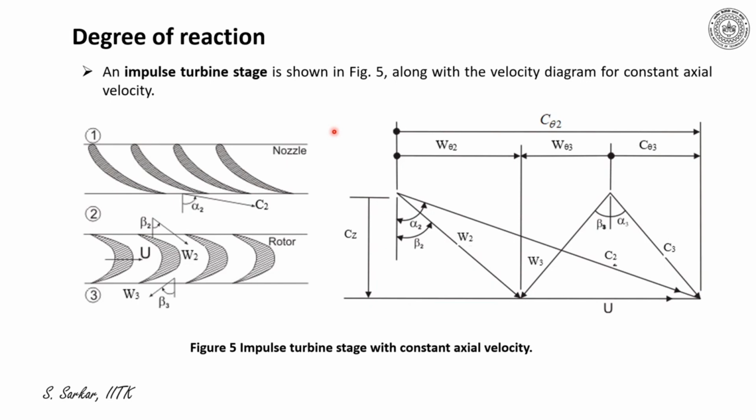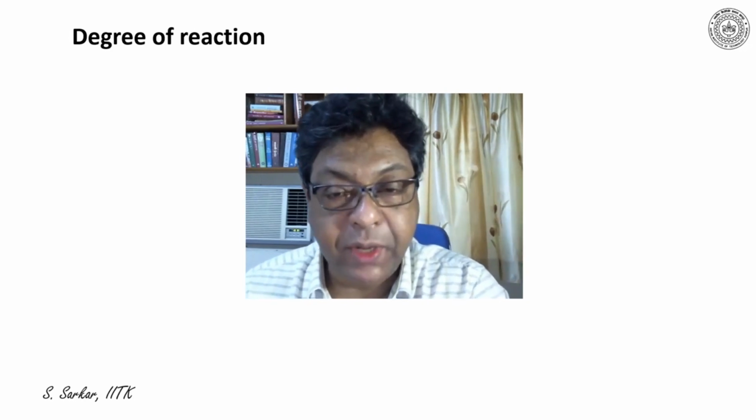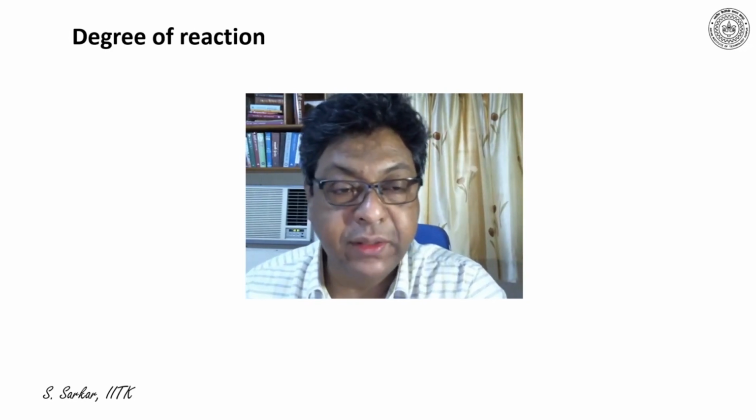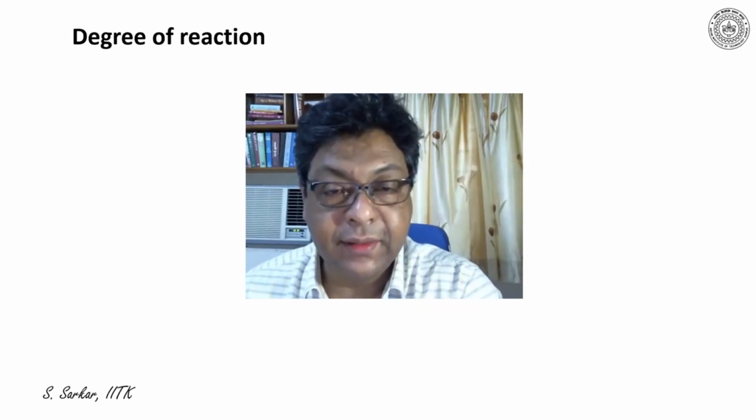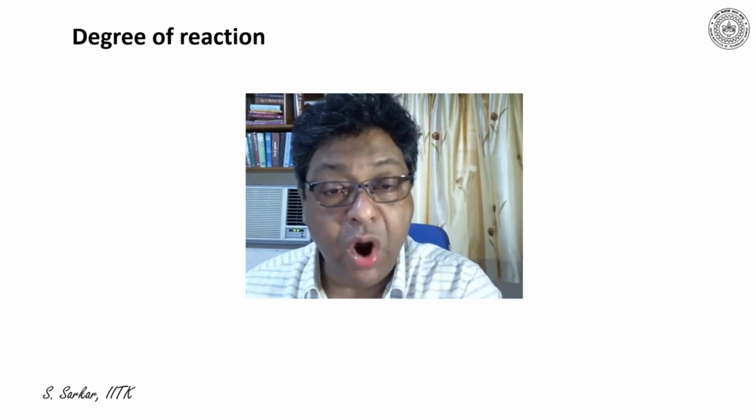C2 will be high in magnitude, since the entire pressure drop occurs in the nozzle and there will be no pressure drop occurring in the rotor. Now I derive the expression for blade loading capacity of an impulse turbine following the velocity triangle and try to establish the influence of nozzle exit angle on work transfer.